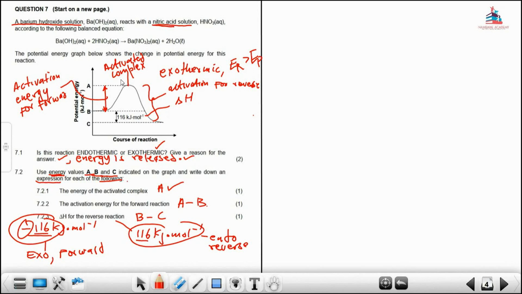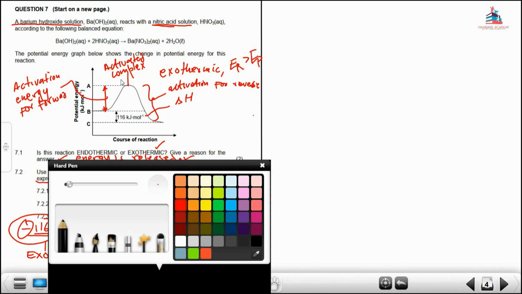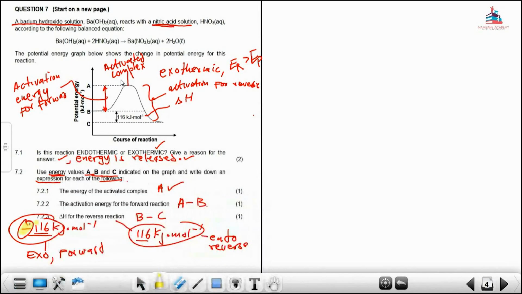So basically the value, regardless of whether endothermic or exothermic, will be the same. The only thing that will change is the negative sign. So I want you to take note of that. Even if the question was delta H for the reverse reaction, it will still be BC. The delta H for the forward reaction, it will still be BC.